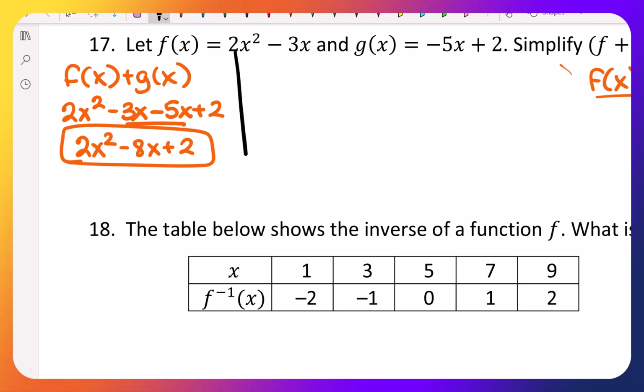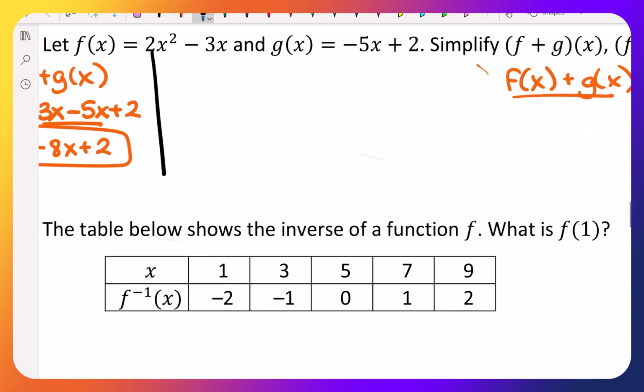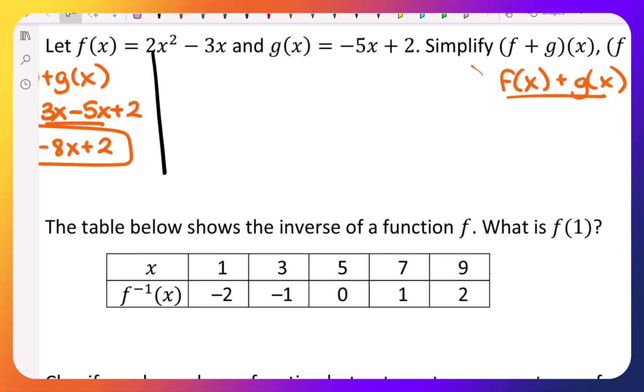All right, now we're going to have to switch gears here. Subtraction, that one's where the mistakes are going to happen. If you want to take and subtract g of x, you have to subtract everything in g of x. So when you write it out, make sure that you put g of x in parentheses. So when you subtract g of x, you're going to have to subtract a -5.